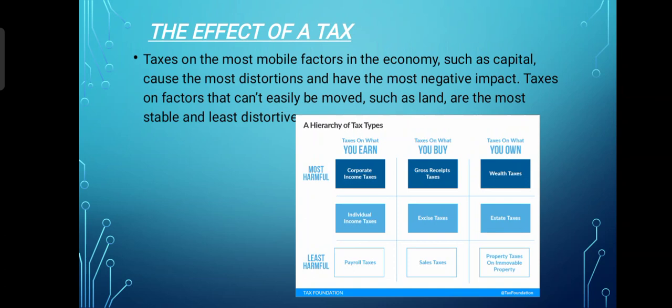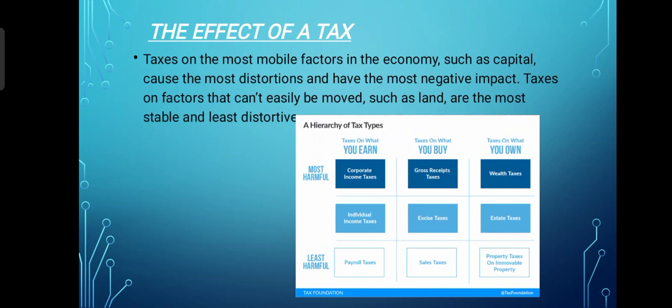Then, excise taxes are imposed on a specific good or activity such as cigarettes, alcohol, and fuel. For example, a tax on cigarettes to discourage smoking. However, this distortion makes excise taxes an inefficient source of revenue.